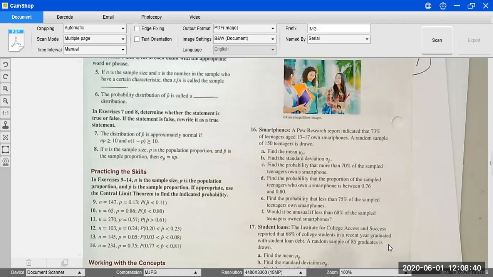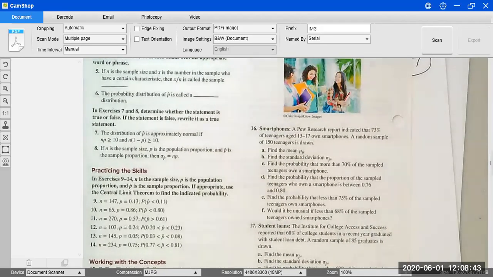So problem 16 is here. It's about smartphones. So let me increase the size.